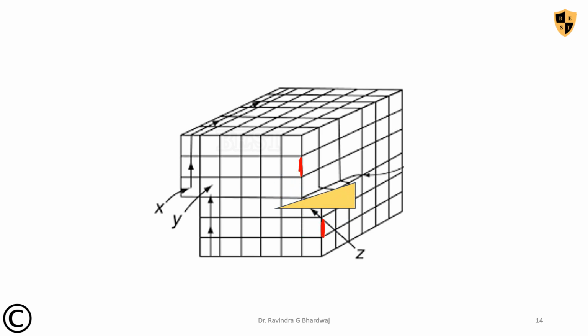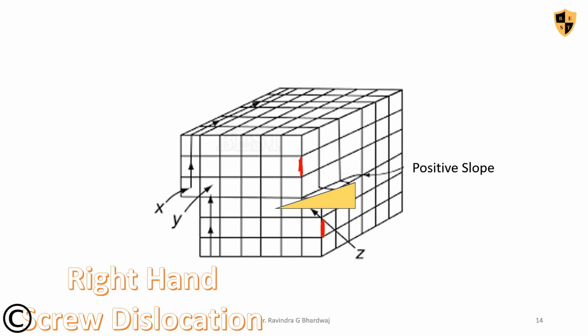This is the simplistic, or actual, view of the slope as we are seeing from the screen, and this slope seems to be positive, right? Because the slope is increasing as we move in the x direction. So it is a positive slope and it is a right-hand screw dislocation. In this way you can easily know what the type of screw dislocation is, left-hand or right-hand.